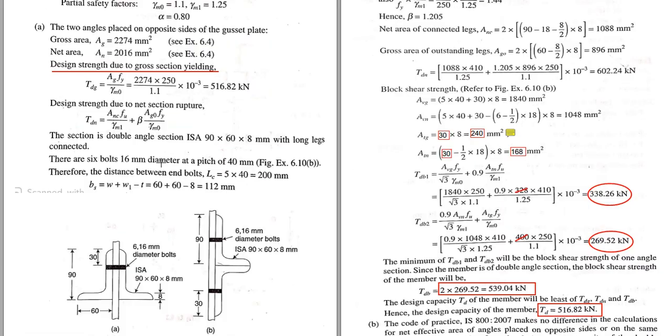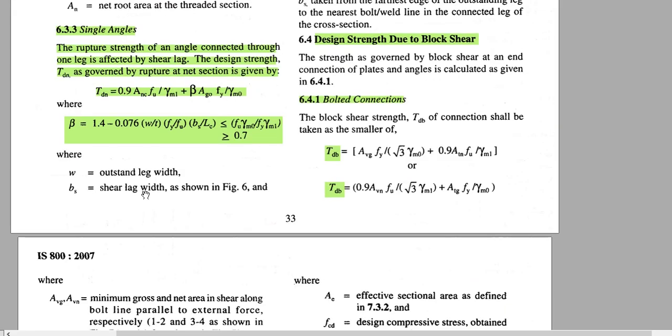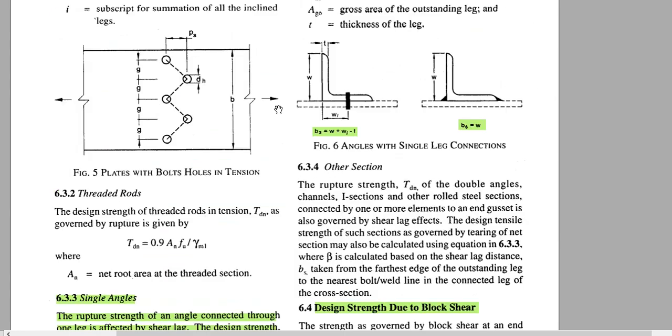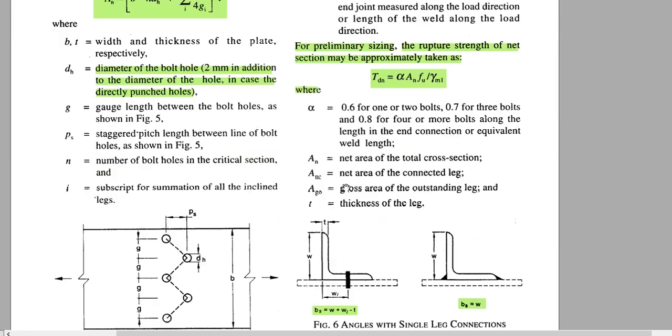The writer has written this formula. So what is ANC? ANC is the net area of the connected leg.